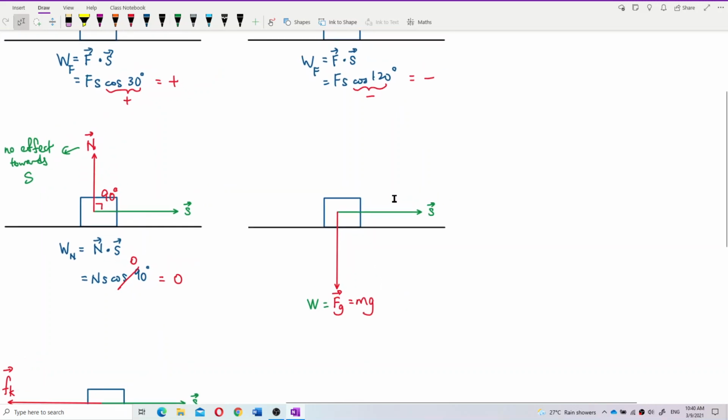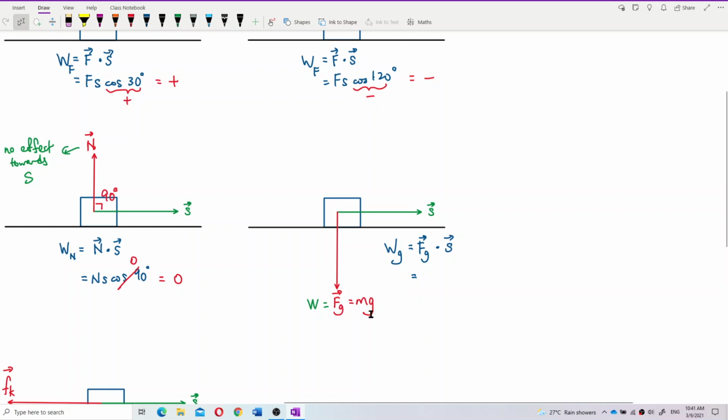Okay, now we want to calculate the work done by gravity. So work done by gravity is actually between the gravitational force and the displacement. So for work done by gravity, we use the gravitational force dot with displacement, multiply between these two vectors.